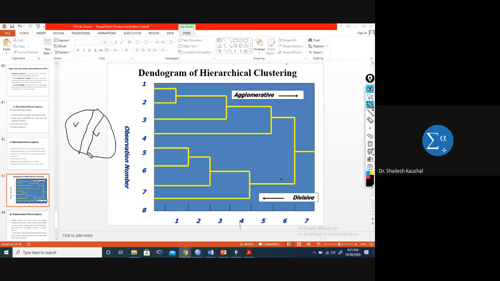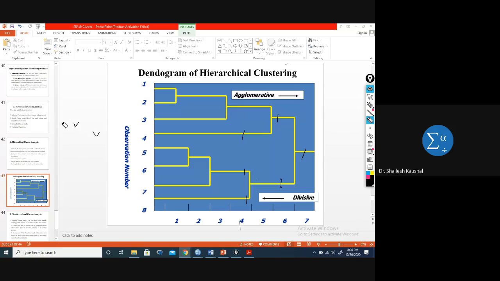Again we can divide into a third cluster more specifically, and again we can divide. So in the divisive method, this is cluster 1, then we divide into two, this one and this one. Further we divide this one and this one, this one and this one, means four clusters here. One cluster, two clusters, three clusters and four clusters, and then we can create the clusters.